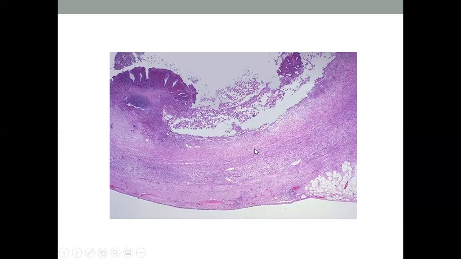The histologic diagnosis of acute appendicitis depends on the demonstration of neutrophils through the muscularis. If there are no neutrophils involving the muscularis, microscopically we don't label it as acute appendicitis.